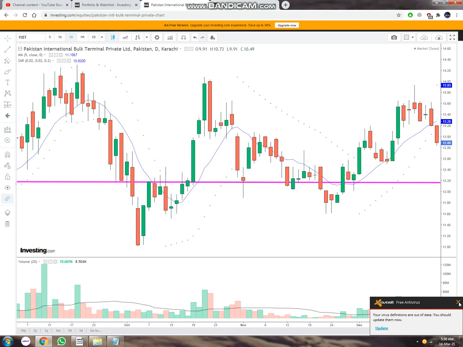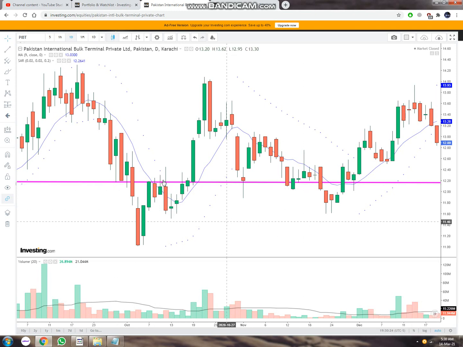Somewhere you'll have to take risk. Without risk you cannot do this. If you take a risk at this level and short your position, the stock again went up, so you'll have to close your position at this point. Because this is a false breakout, you cannot long your position at this level. You'll just have to wait for it to give you the results that you want.